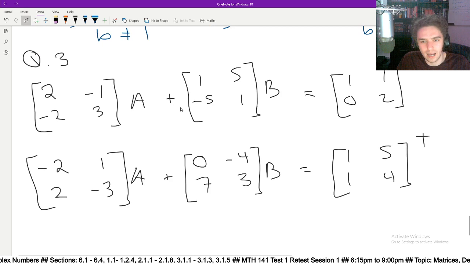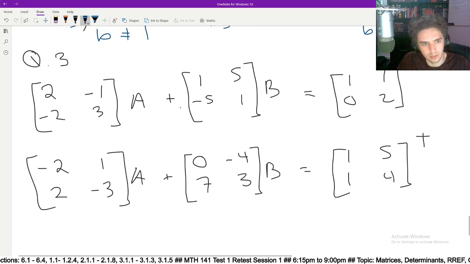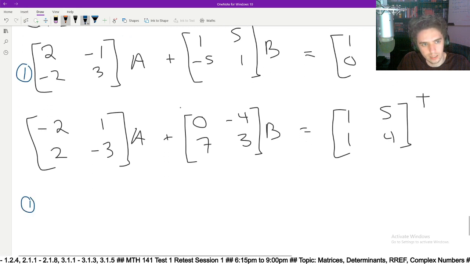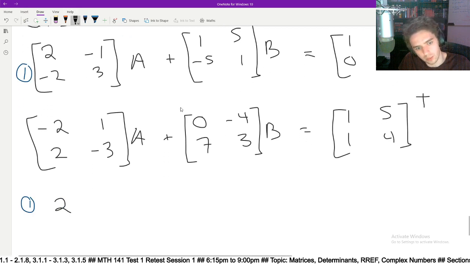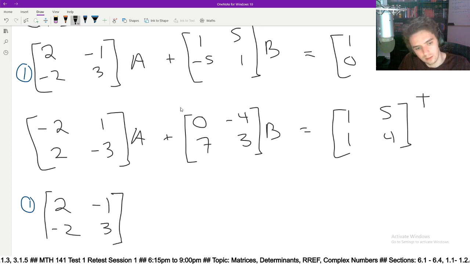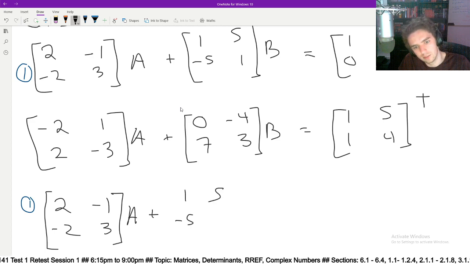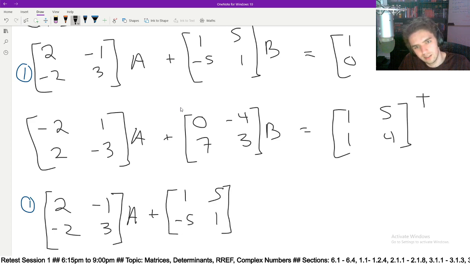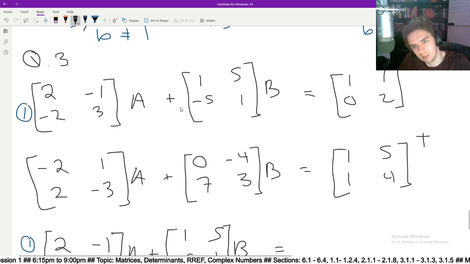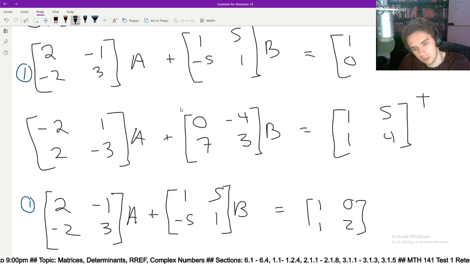I would start by, first of all, doing the transpose on those two, right? So I will start with equation 1, and I'll just rewrite it with the transpose. A plus [1, 5; -5, 1] B equals [1, 0; 1, 2].